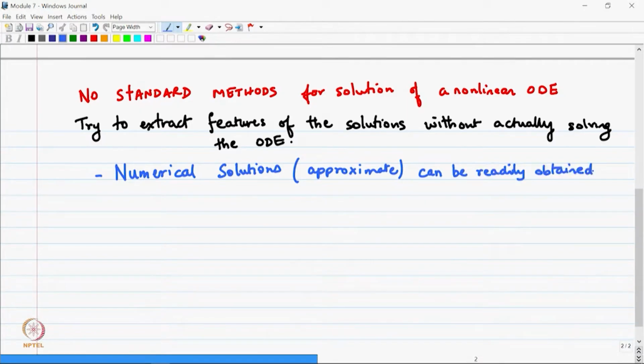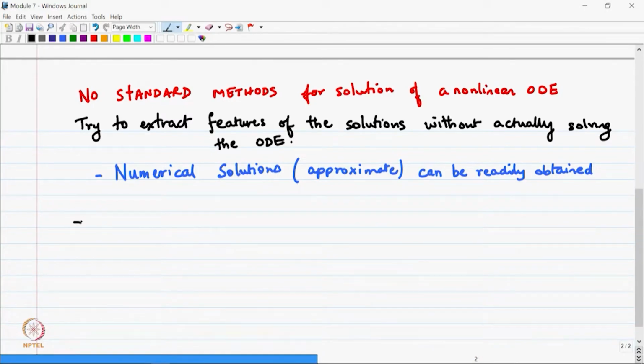So, using standard computer programs, you can get numerical solutions to nonlinear ODEs. But this is not what we are doing. We are not going to look at numerical solutions. We are just going to try to develop certain methods where you can extract features of the solutions without actually solving the ODE. This is very useful.